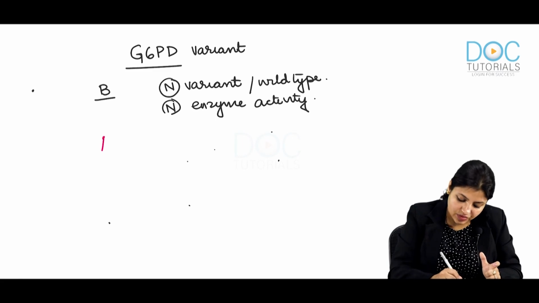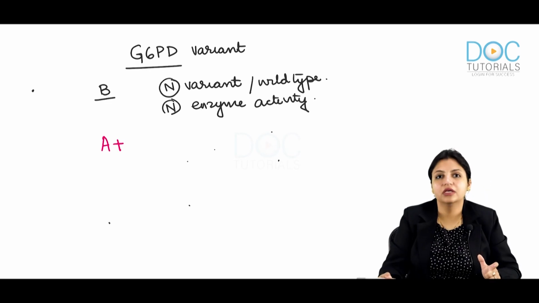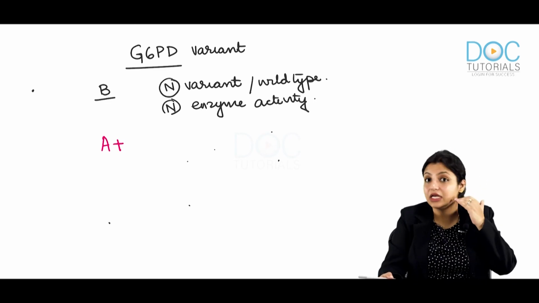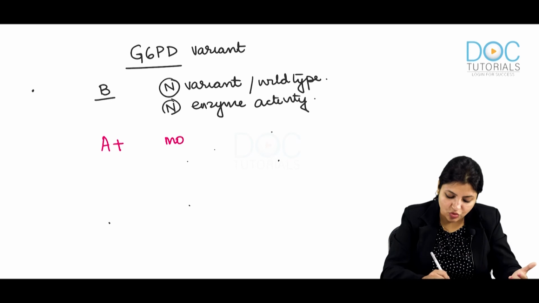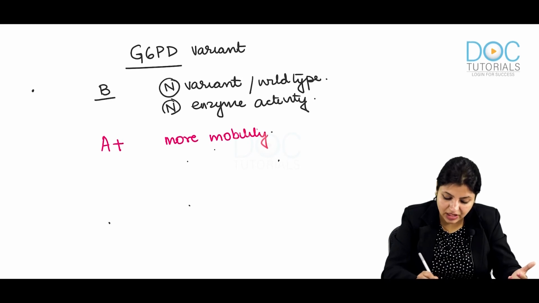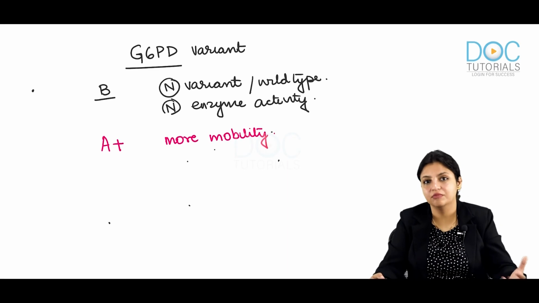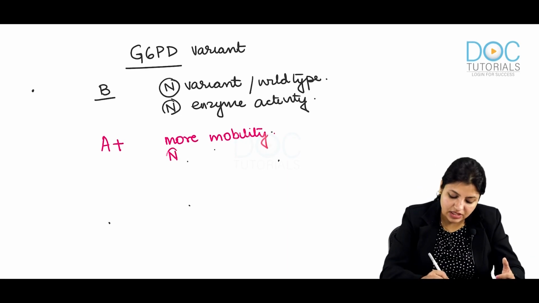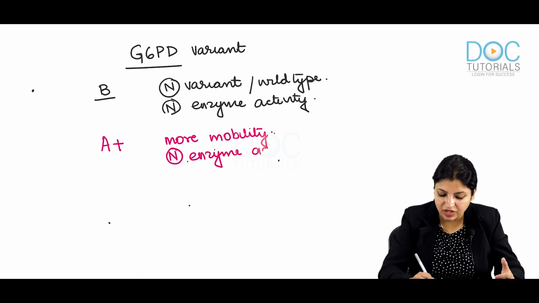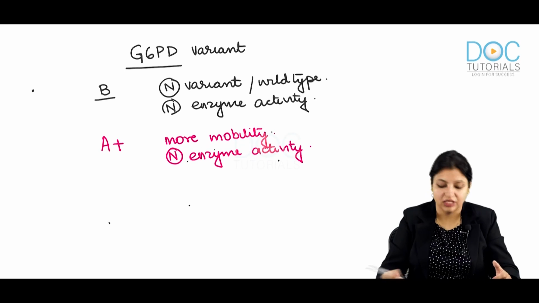Now next we come to A plus. A plus means it has more mobility than B on electrophoresis. Again, here the enzyme activity is normal, and it only has more mobility.